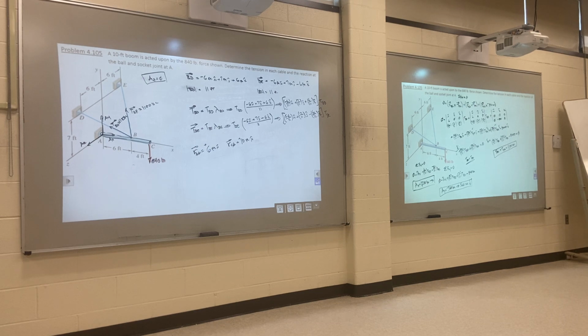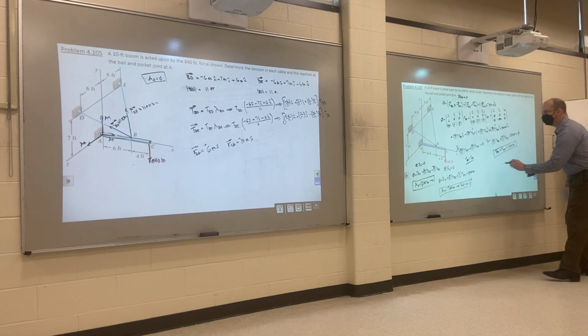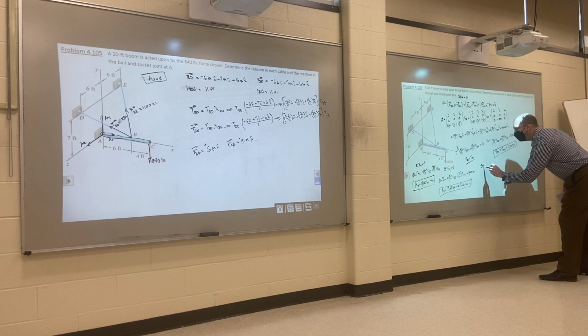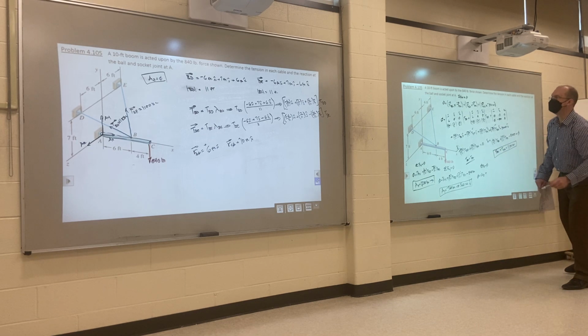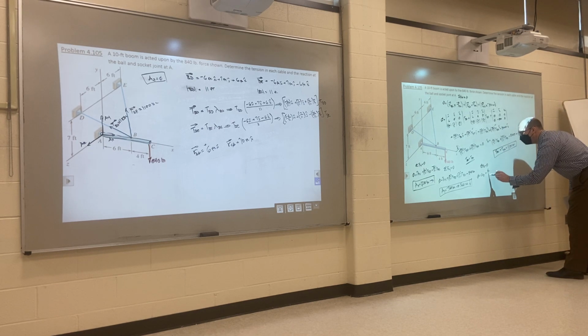At this point, you just sum the forces in Z and set it equal to 0. 0 is equal to AZ plus 6/11 TBD plus negative 6/11 TBE.